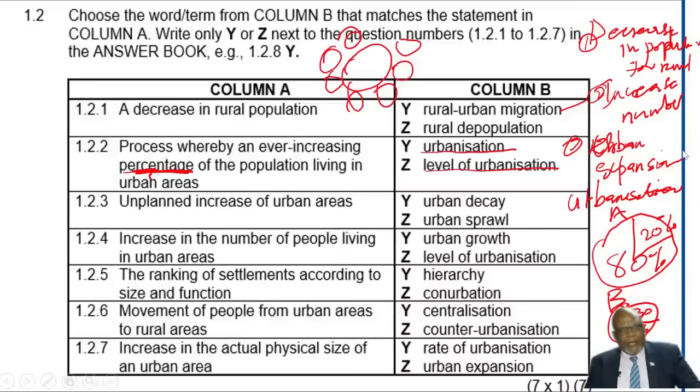Then we have another concept of rate of urbanization. So rate of urbanization is the speed at which urbanization is taking place. So what do you mean by that?